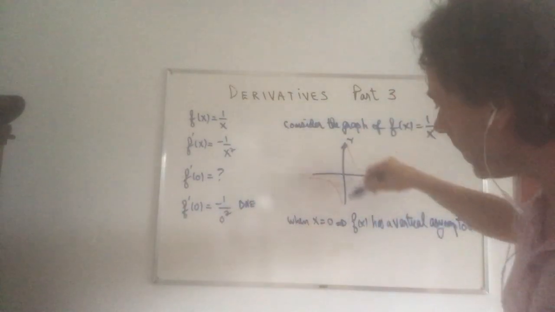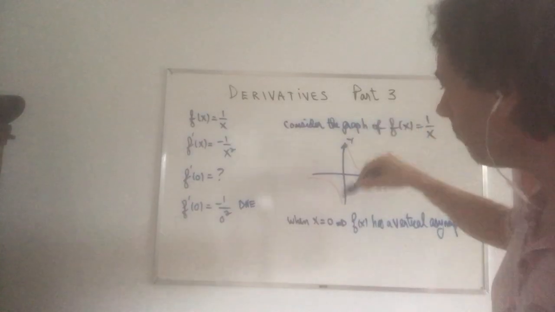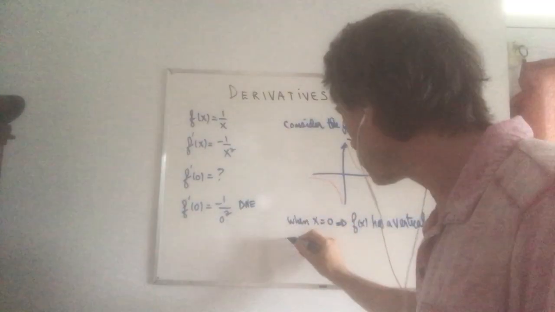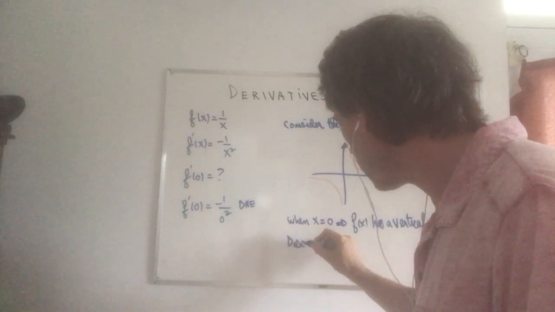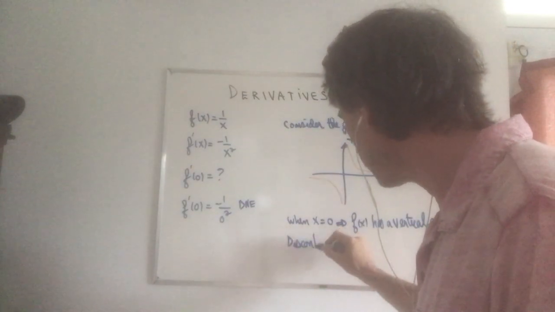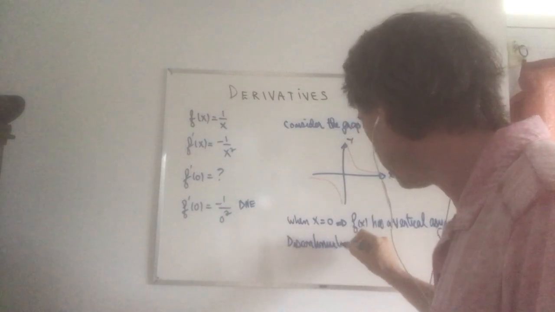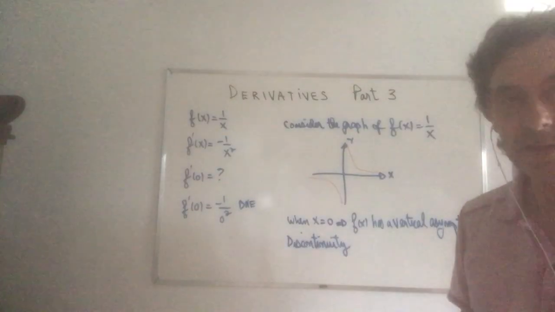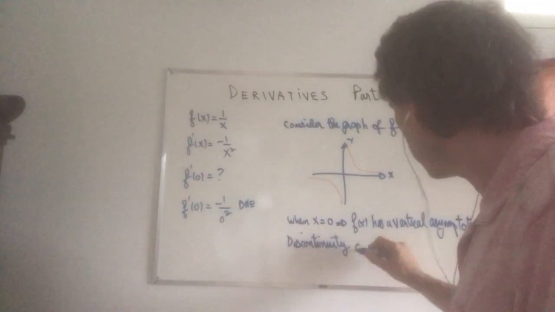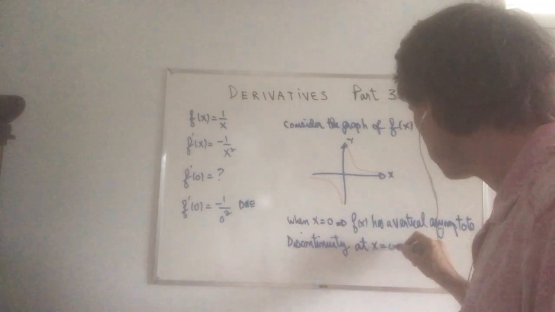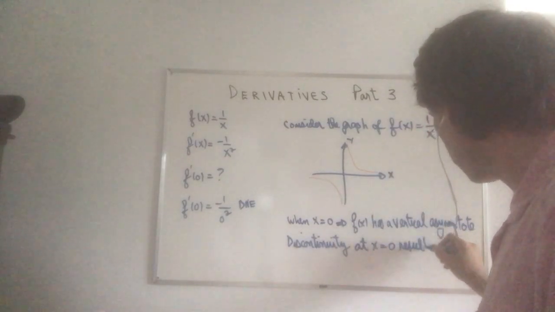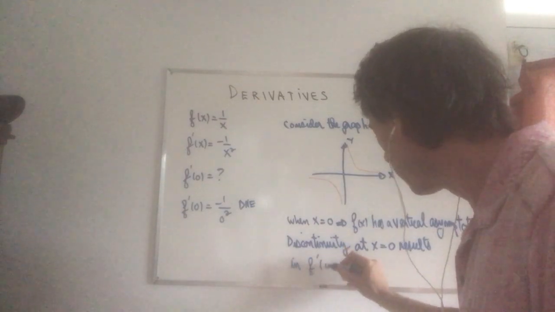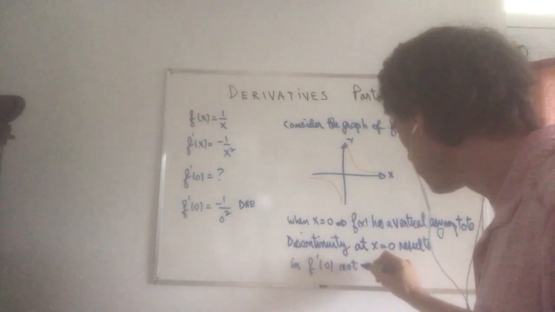It's impossible to sketch the graph in orange without lifting the marker from the whiteboard. In other words, an asymptotic discontinuity at x is equal to 0 results in f prime of 0 not existing.